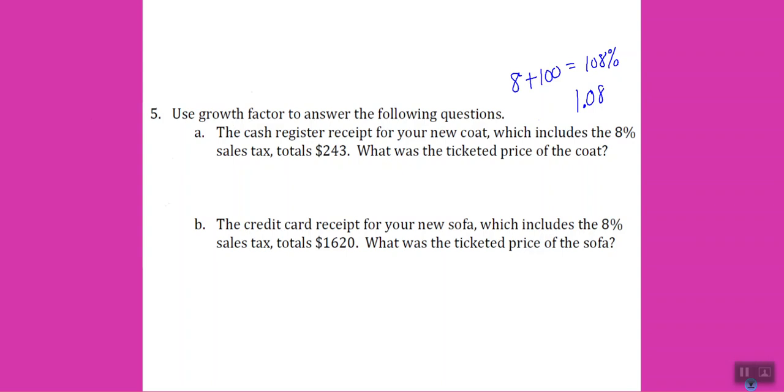Whatever the coat was got multiplied with 1.08 to give us the $243. So we'll divide both sides by 1.08. And that tells us the coat was $225.